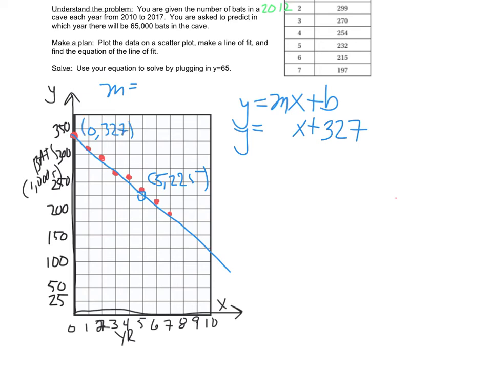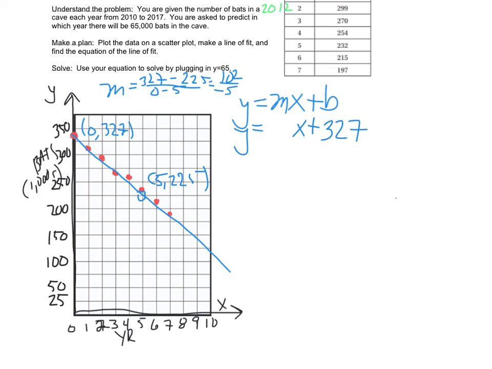And if I was trying to find the slope between those two, I could do 327 minus 225 for my rise, which is down 102. And then I could do 0 minus 5 to get negative 5.